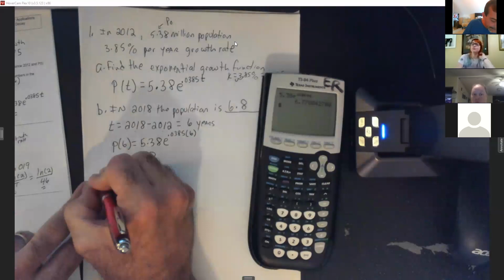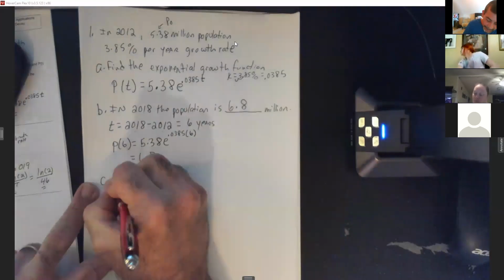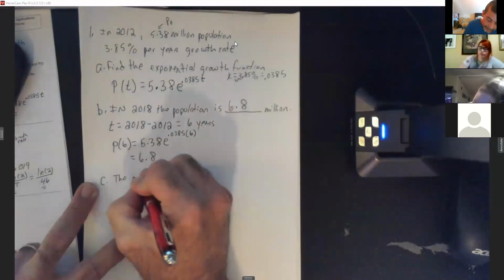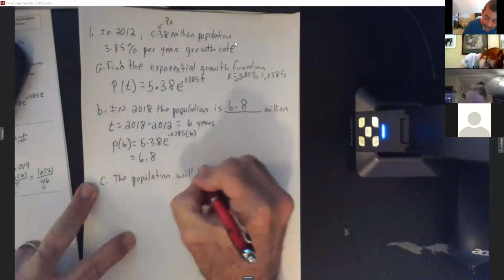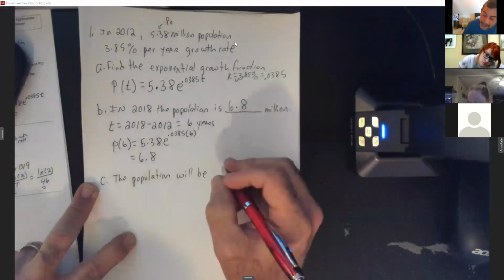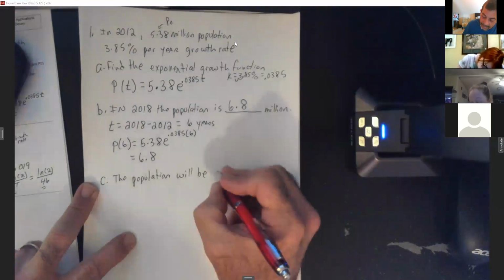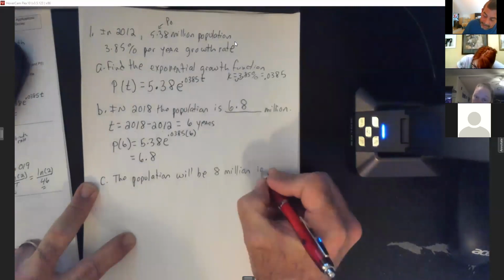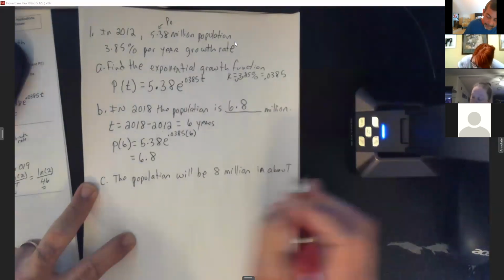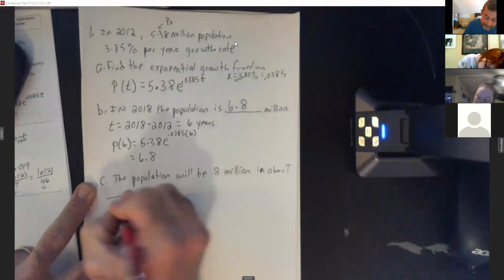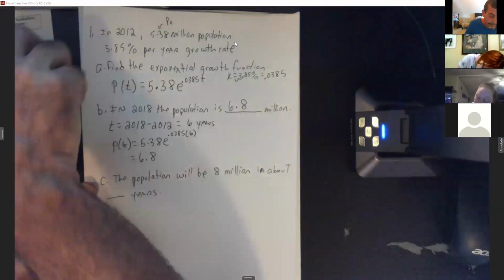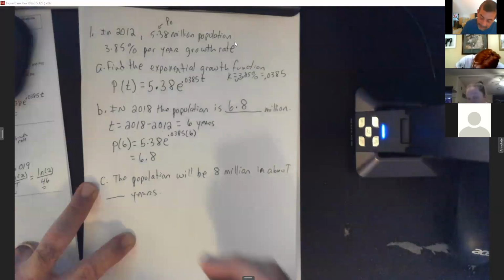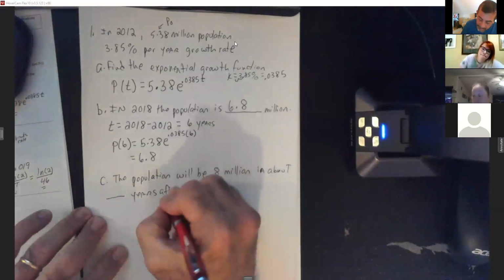All right, let's see. Oh, I like this kind too. So check this out. The population will be 8 million in about blank years after 2012.